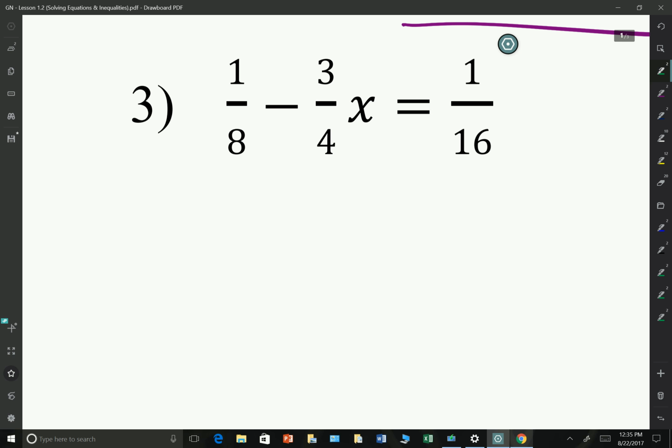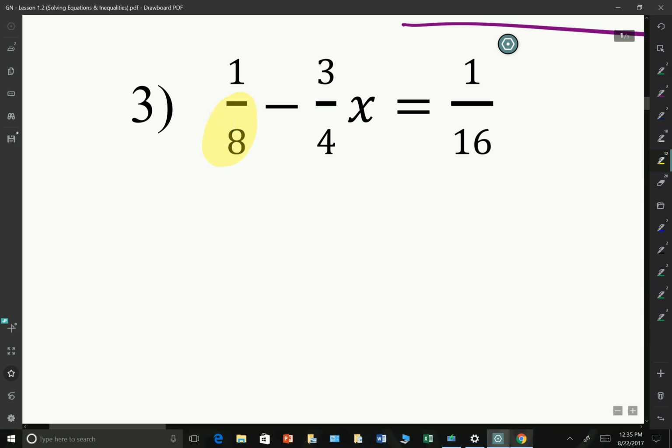So if fractions freak you out, get rid of the fractions. That's your job. If you don't like the fractions, get rid of them. And you just have to learn, well, how do I get rid of fractions? Well, what's a fraction mean? What operation is it? You are dividing by 8.